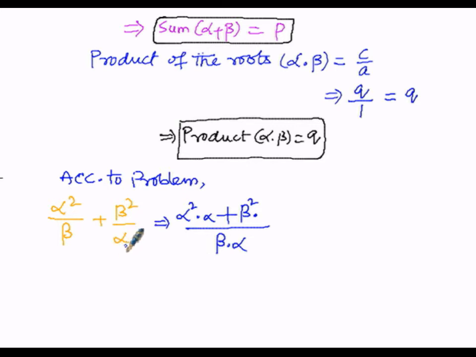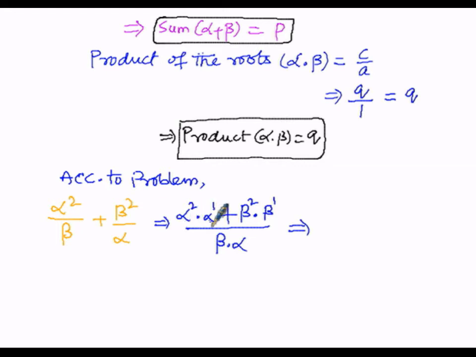Alpha in the denominator and alpha in the LCM get cancelled, so only beta is left over, which must be multiplied with beta square. That implies alpha square into alpha, but alpha's exponent is 1. Similarly, beta square into beta, beta's exponent is 1. Here the product symbol is in between. Here alpha and alpha bases are equal, and into in between is the product rule.